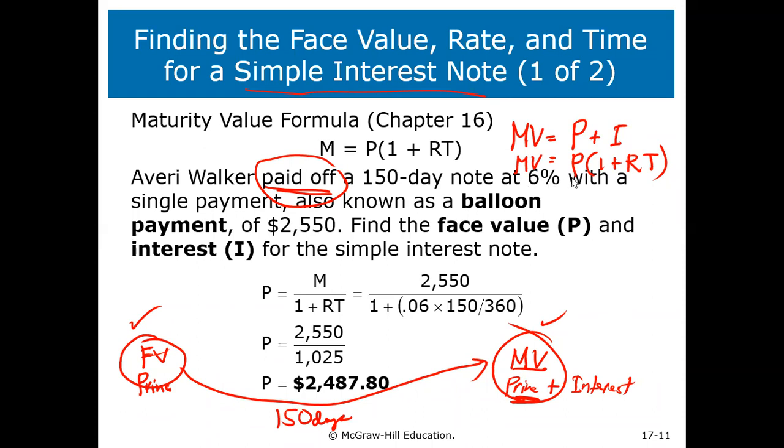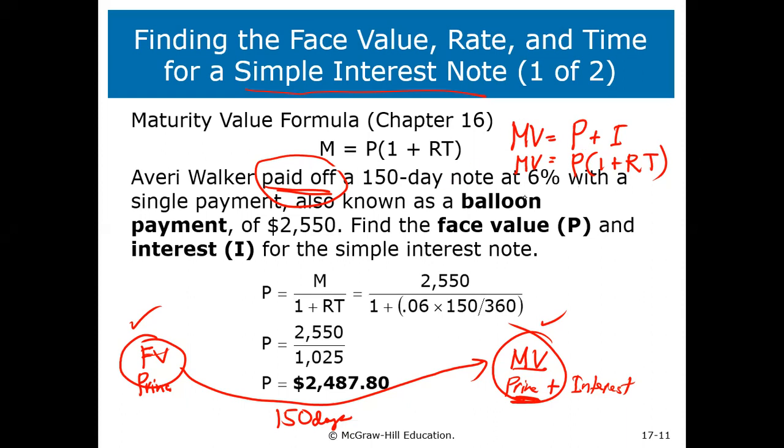Do we know the principal or the face value? No, correct. We don't know the principal. In fact, that's what's being asked. Find the face value. But do we know R? Do we know the rate? Yes, 6%. Do we know time? Yes, 150 days.